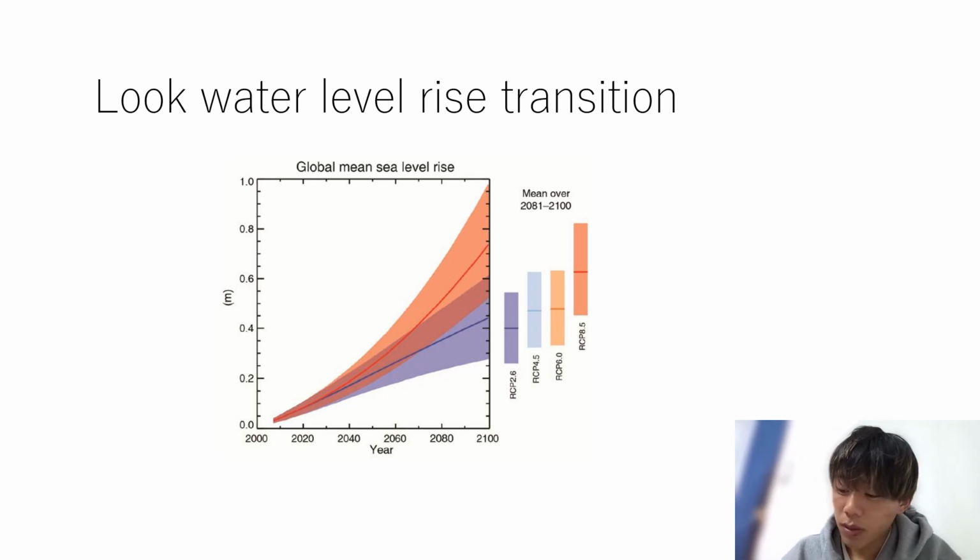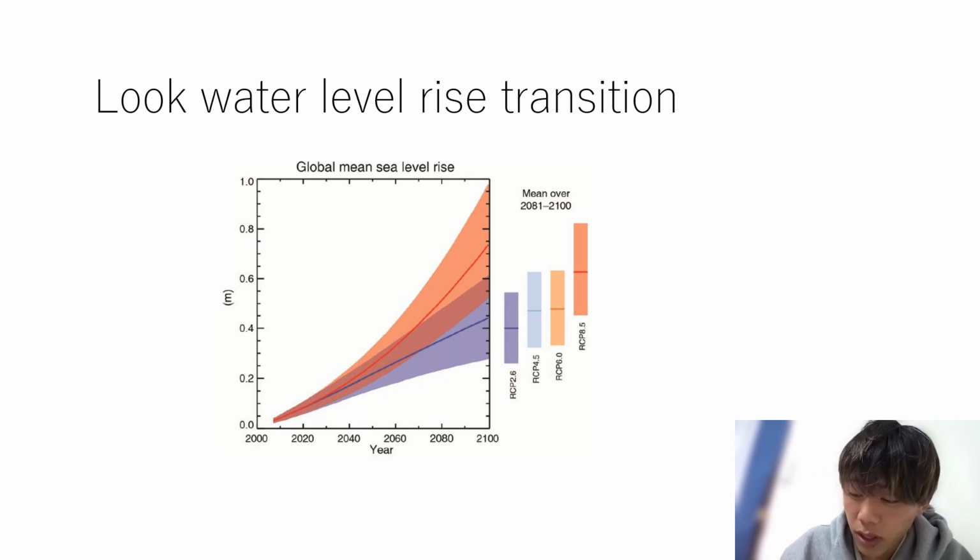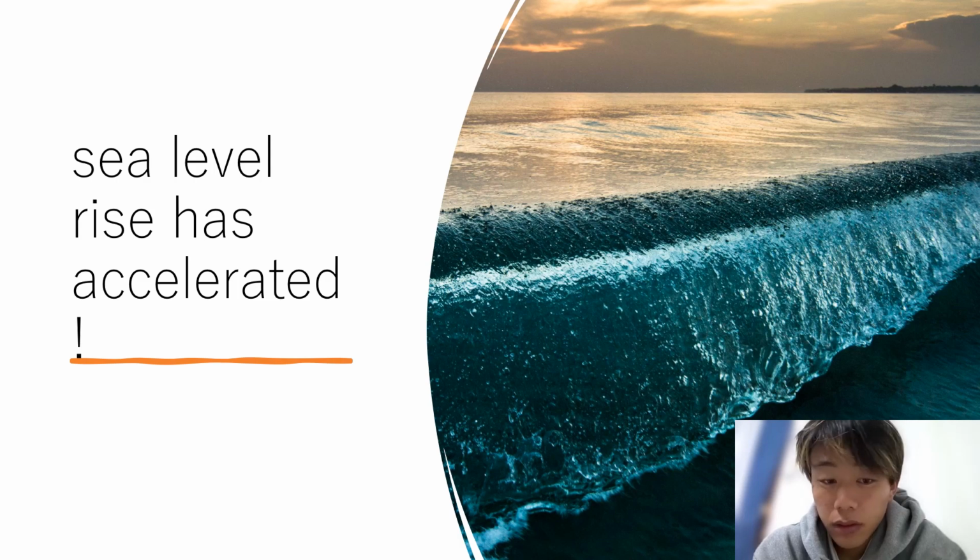In contrast, the blue line is when we could perform solutions with regard to climate change. We can see the red line is an exponential function and the blue line is a linear function. From the graph and statistics, we can see that sea level rise has accelerated.